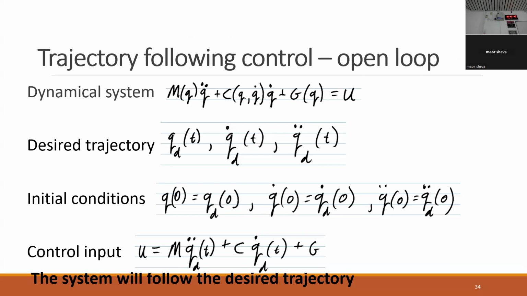What should be the input to the dynamical system such that it will follow the desired trajectory.